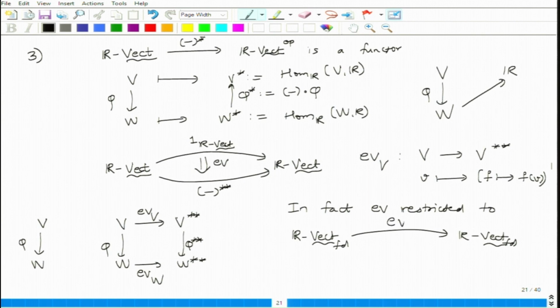So therefore EV restricted to this, sorry, I should say 1 sub R vect FD and double dual, is an isomorphism.